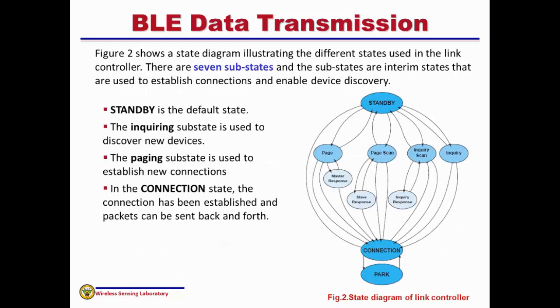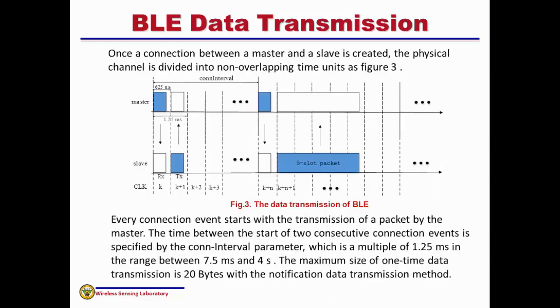These are the 7 different states for BLE. Standby is the default state, and the inquiry state is used to discover new devices, just for the master. The paging substate is used to establish a new connection, and if they connect, they work in the connection state.